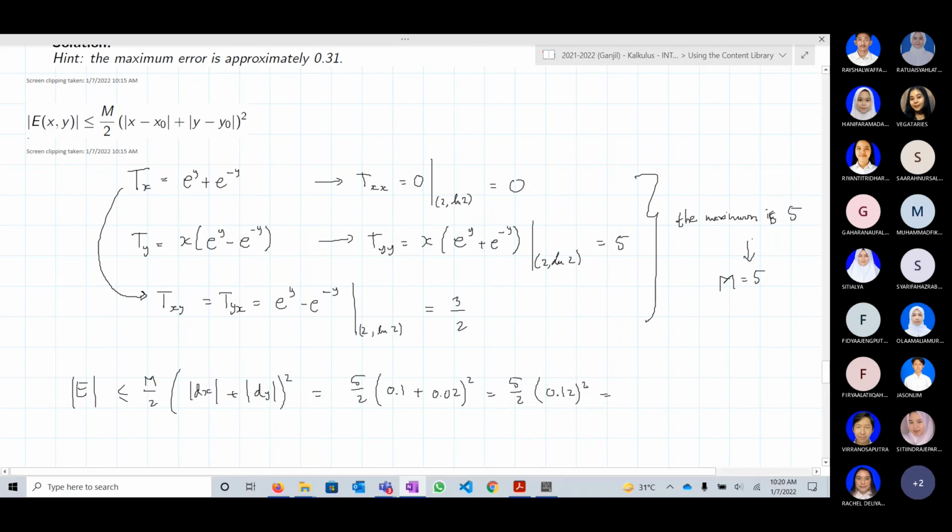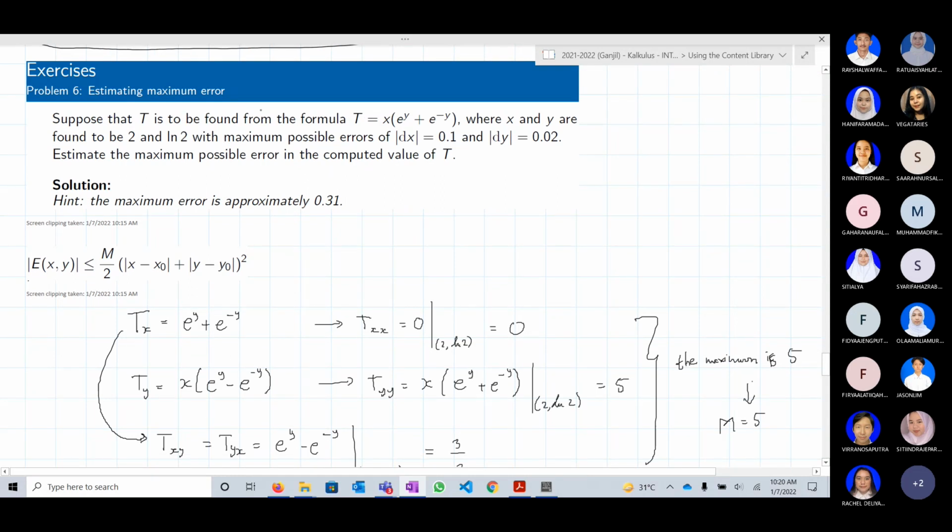I think I made a mistake. No, this is correct. Where's my cursor? Okay, 2 and ln 2.